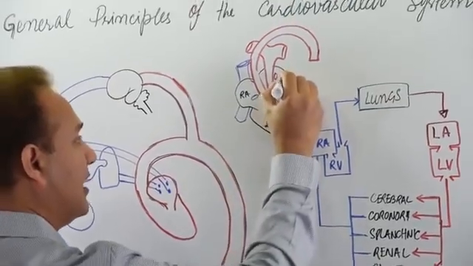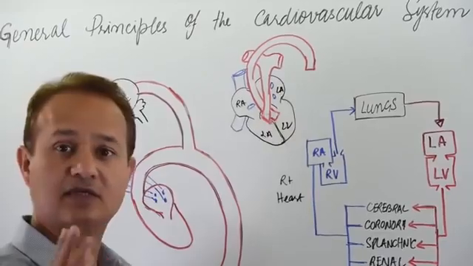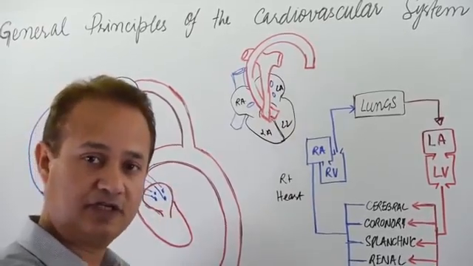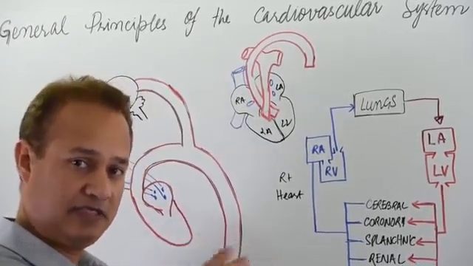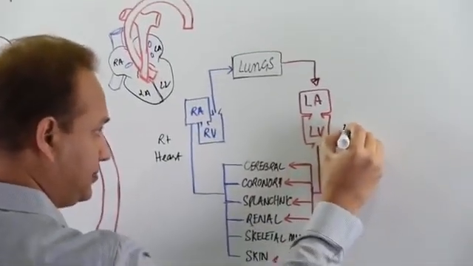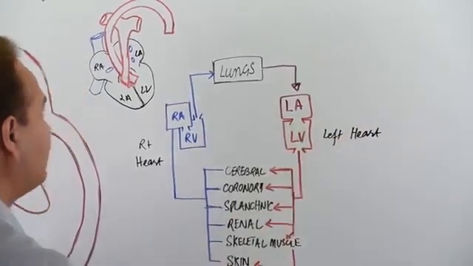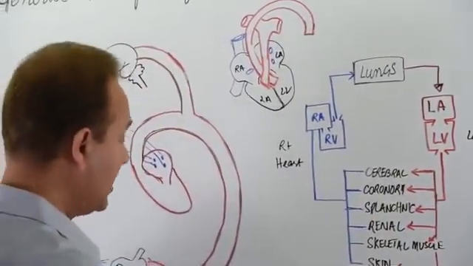Then of course left atrium and left ventricle, that makes 2 chambers, but that also makes one functional unit, that is the left heart. So I'll make that here, left heart, consisting of left atrium and left ventricle.